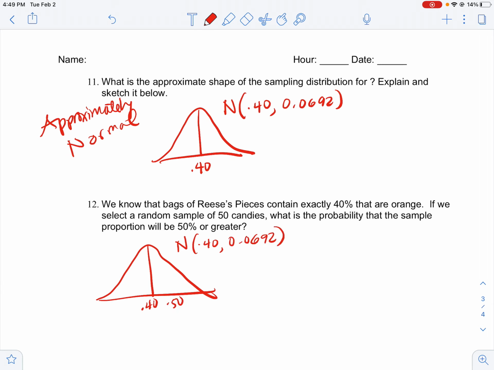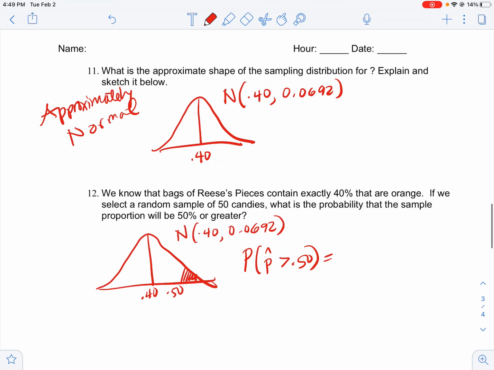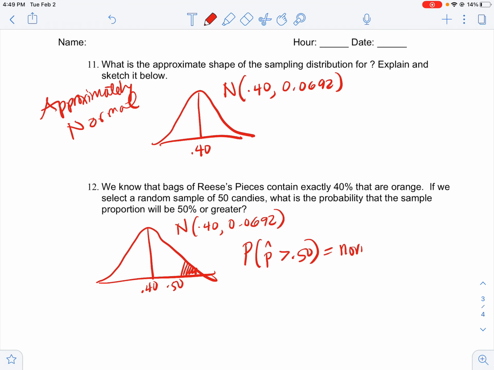So that's 0.50 or greater, so around this area, right? So the probability that the sample proportion will be greater than 0.50, we can use normal CDF.